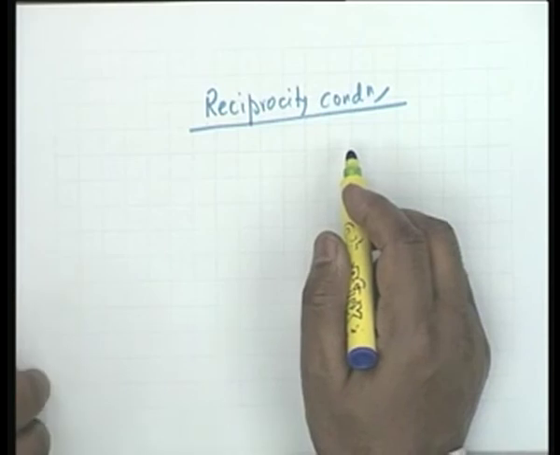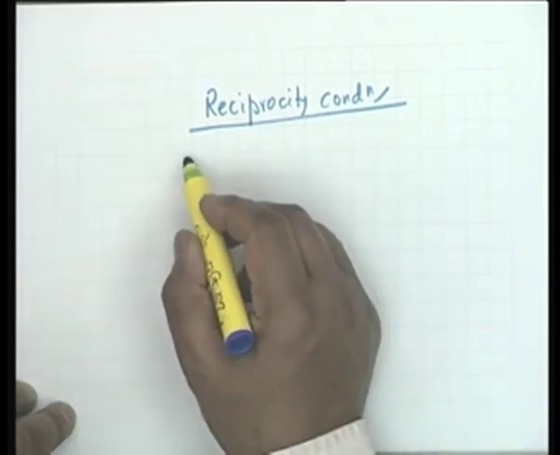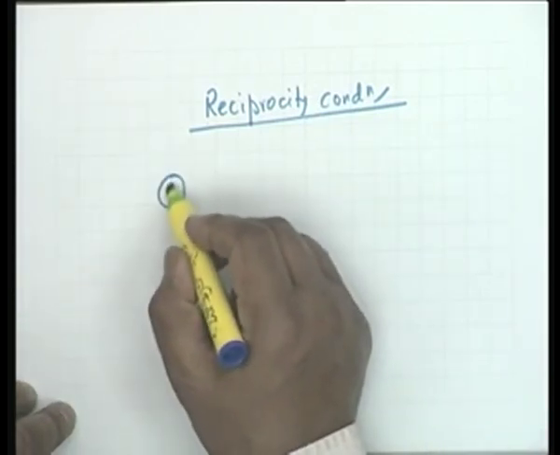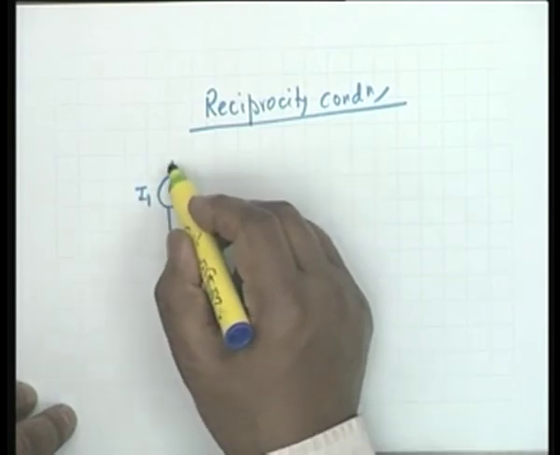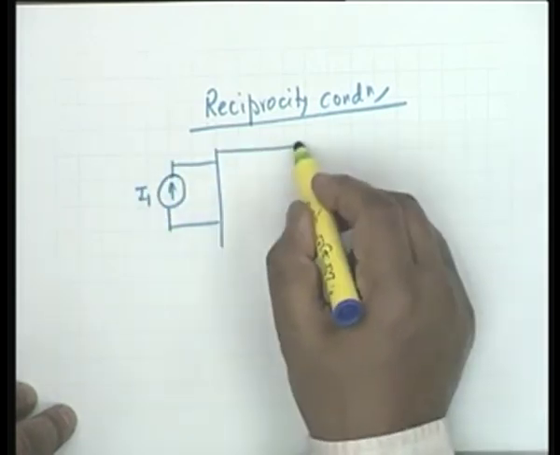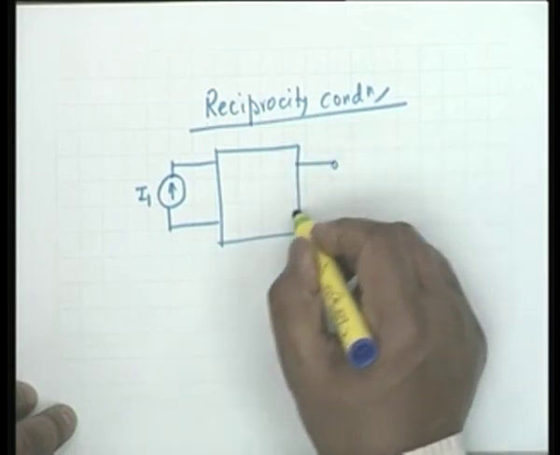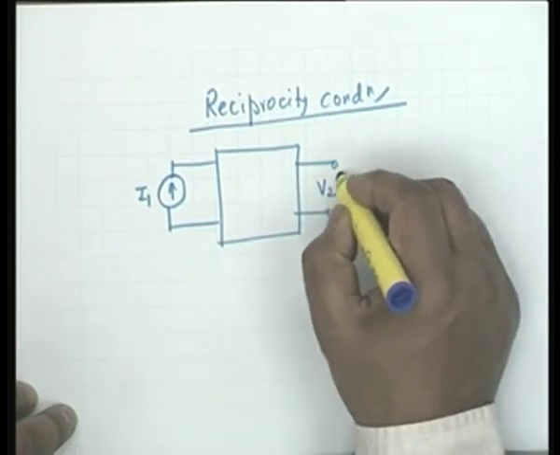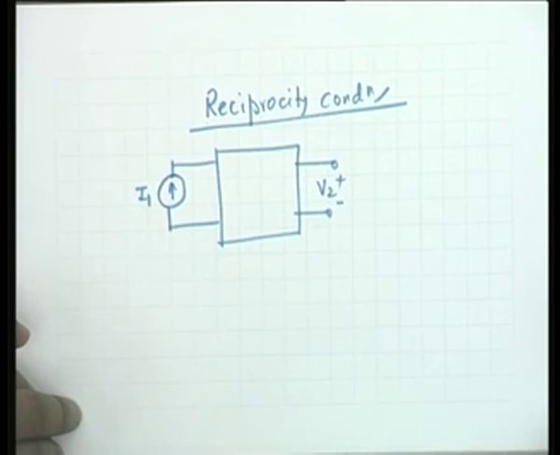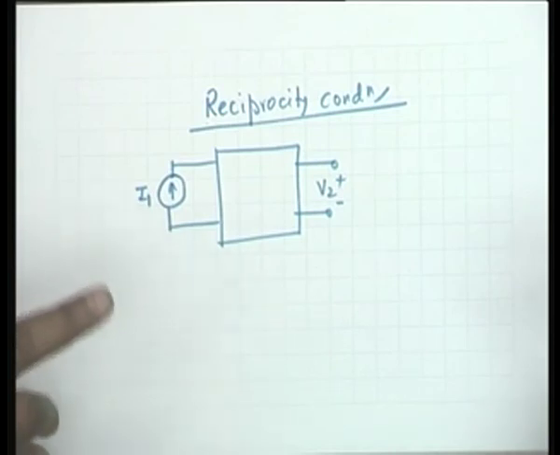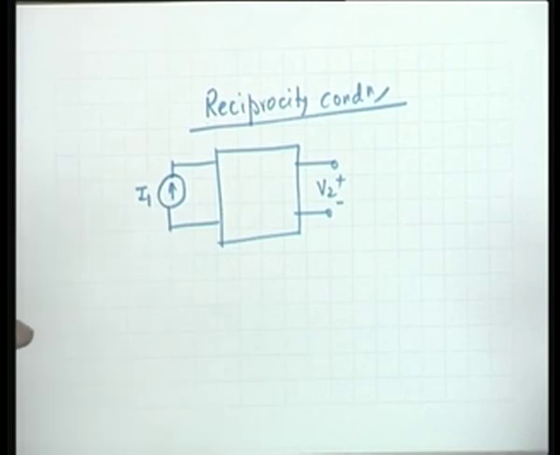What we do is we excite the network by a current and measure the open circuit voltage V2. Agreed? Now, reciprocity demands that if the current source is taken to the right hand side and the voltage is measured under open circuit condition on the left hand side, the ratio should be equal.